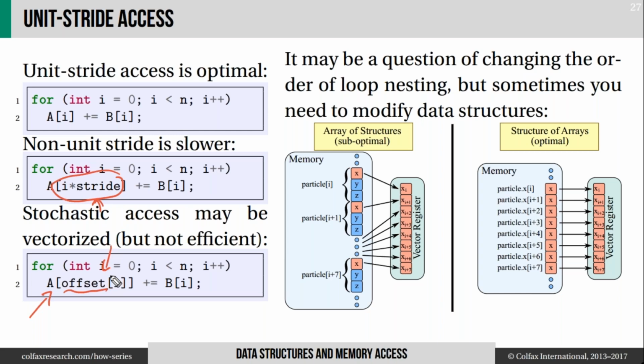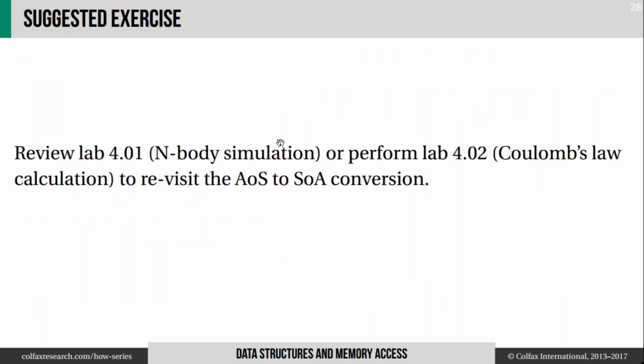But if it's possible to reorganize data, maybe do that. I will not demonstrate this optimization live today because we spent a great deal of time on it yesterday. If you want to practice some more, pay attention to lab 402, and you can read instructions and perform it at home yourself. It will guide you through some steps where you do the AOS to SOA conversion.